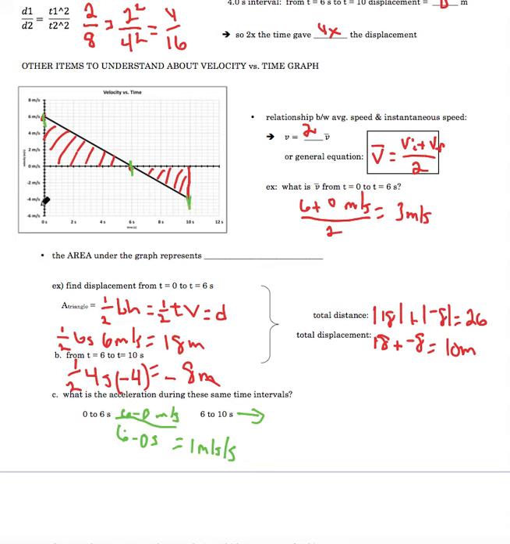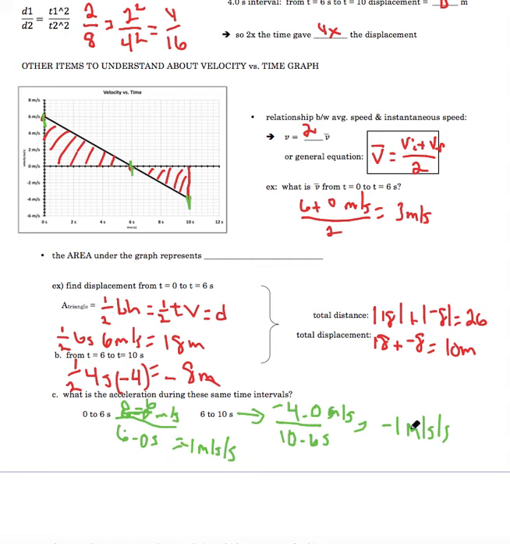So my final velocity is -4, minus initial velocity of 0 for that interval, divided by my end time is 10, and my beginning time was 6, minus 6 seconds, that's meters per second. So we see -4 divided by 4 is -1 meter per second. And I guess I wasn't careful right here, that was bad on my part, 0 minus 6, our final minus initial, so we should have -1 as well.